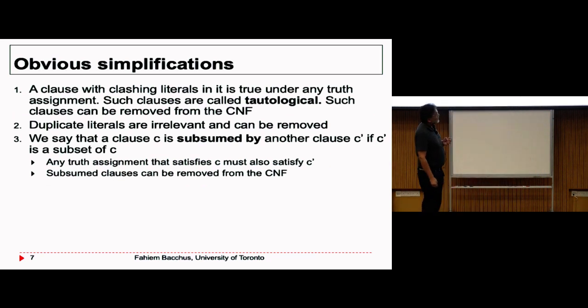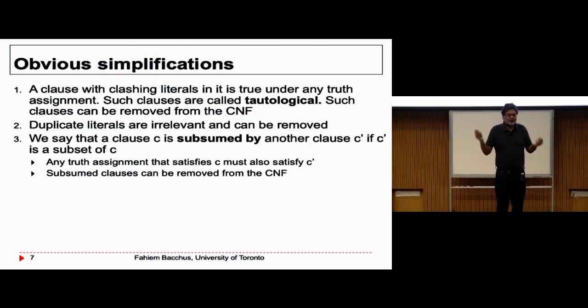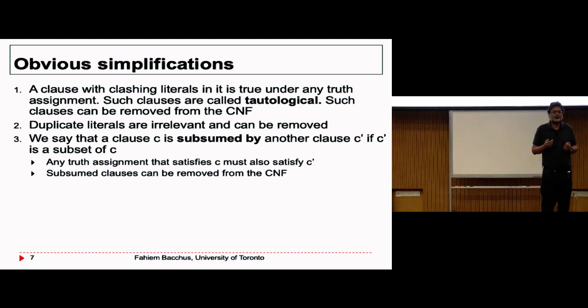And also there are some obvious simplifications you can do with clauses. For example, if a clause has both a literal and its negation, then it's clearly true under every truth assignment. Either the negation is true or the original is true, and that's a tautology. You can get rid of such clauses. Sometimes during reasoning, you might generate some tautological resolvents, and you can get rid of those. If you have duplicate literals in a clause, you can get rid of those.